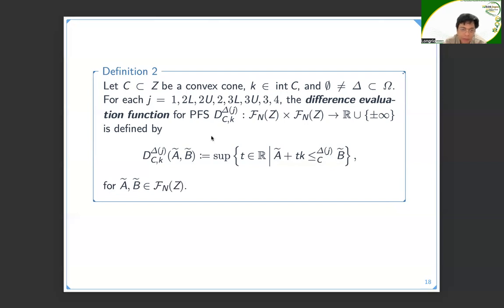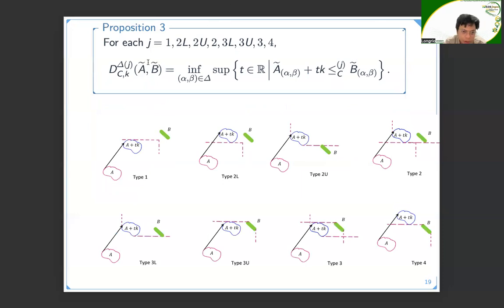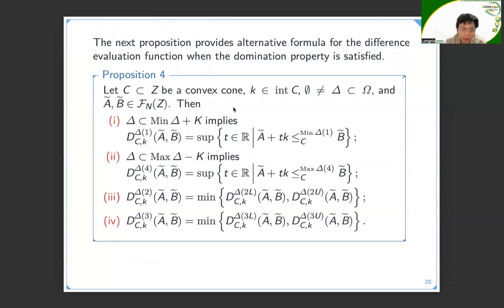An illustration and a proposition: this difference evaluation function can be interpreted as a distance to move this set to an optimal position which satisfies type 1 or the specific type of set relation. The next proposition provides an alternative formula for the difference evaluation function when the domination property is satisfied.